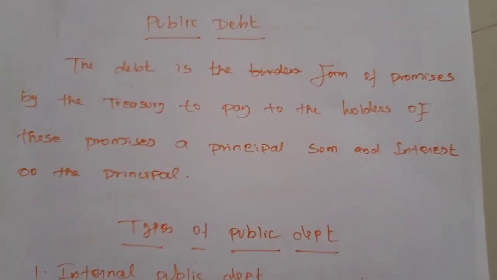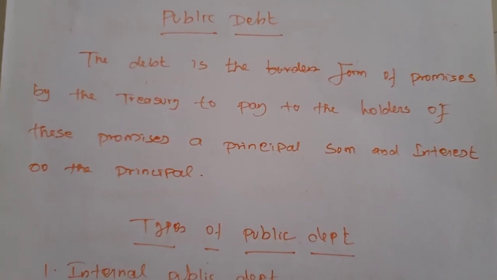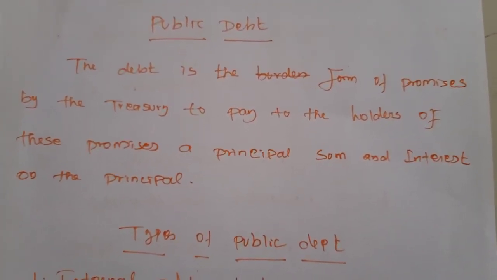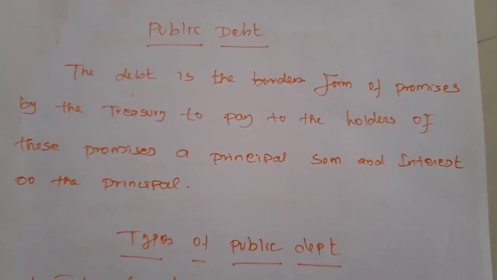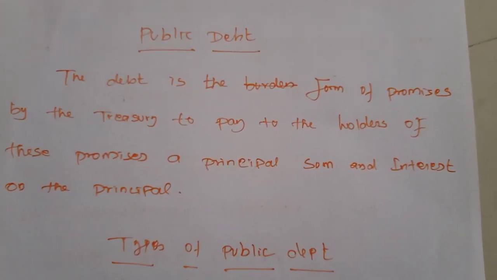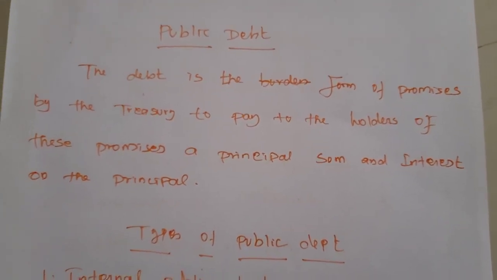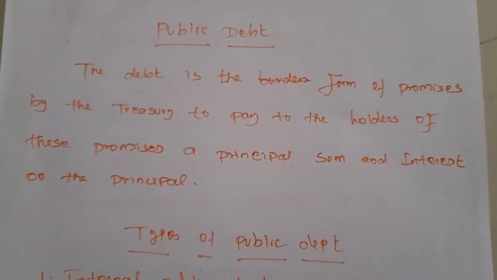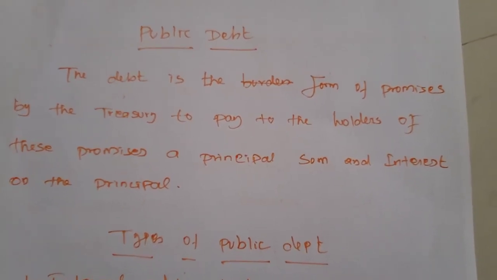The government borrows money from individuals, business organizations, or financial organizations, including world-level financial organizations. The government has the responsibility to repay the money. So public debt is considered a form of promises by the treasury to pay the holders.